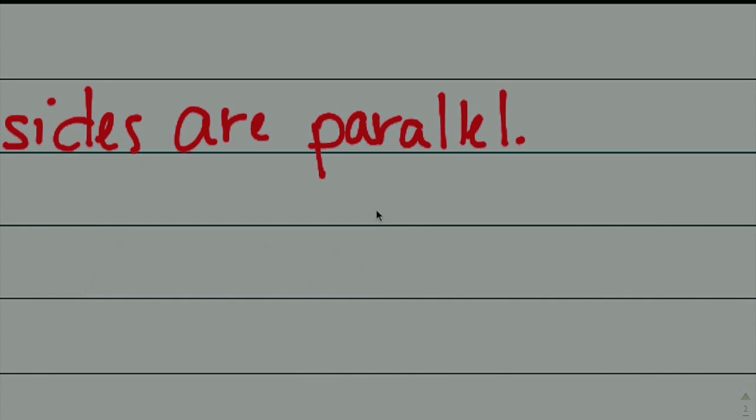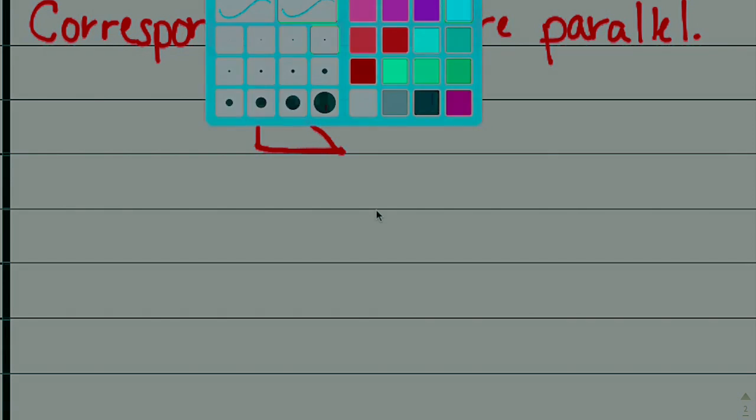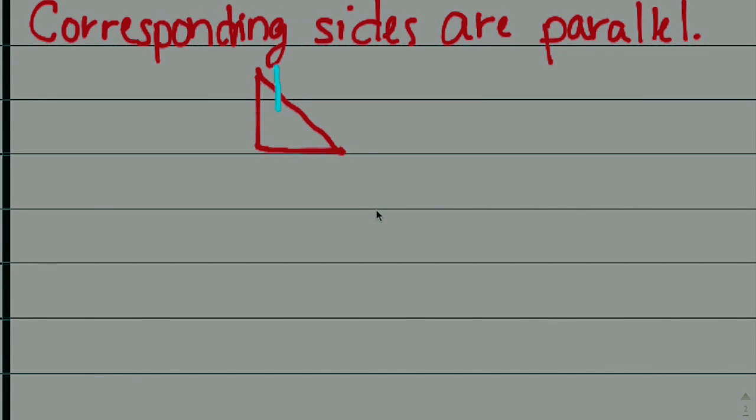Okay, so for example, we have this triangle here, and then our next triangle might be here, but you'll notice that these lines right here are parallel to one another.